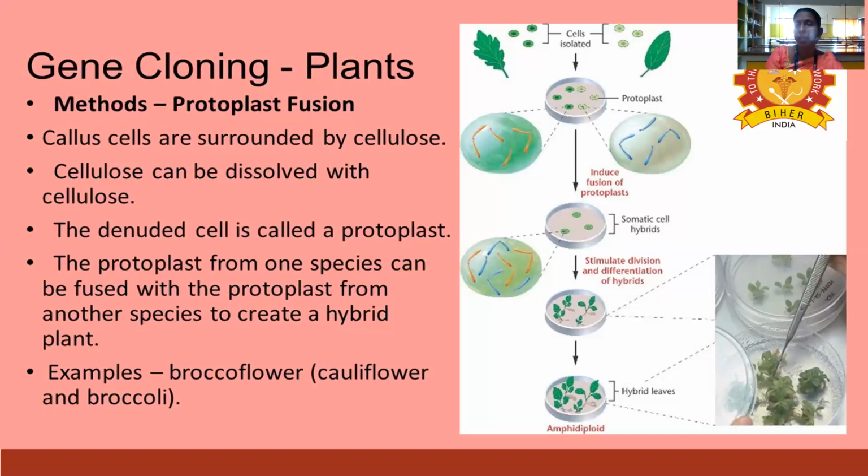Yellow, white, light green, and green colors are coming there. So the cauliflower and the broccoli, they have been mixed together. It is called broco flower. So that broco flower is the best example of gene cloning carried out in plants. So this is the main thing we have to use there.